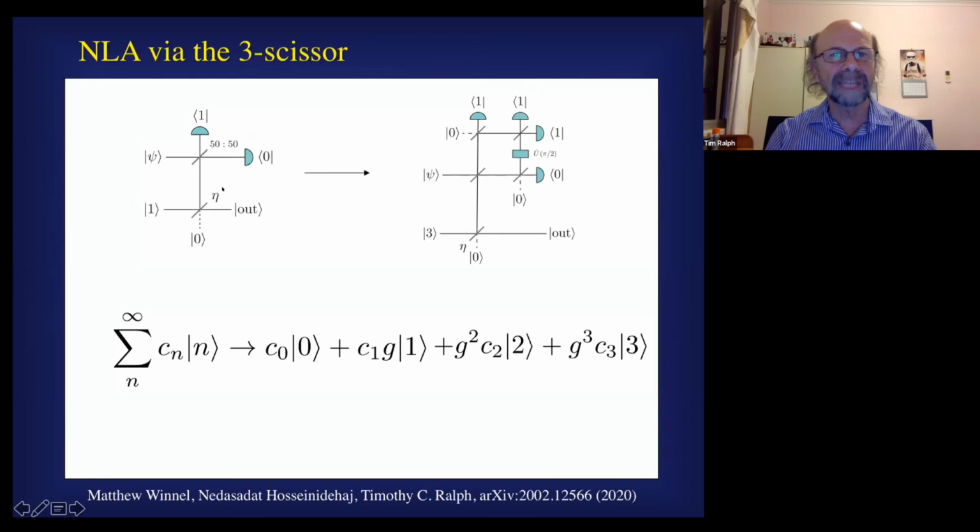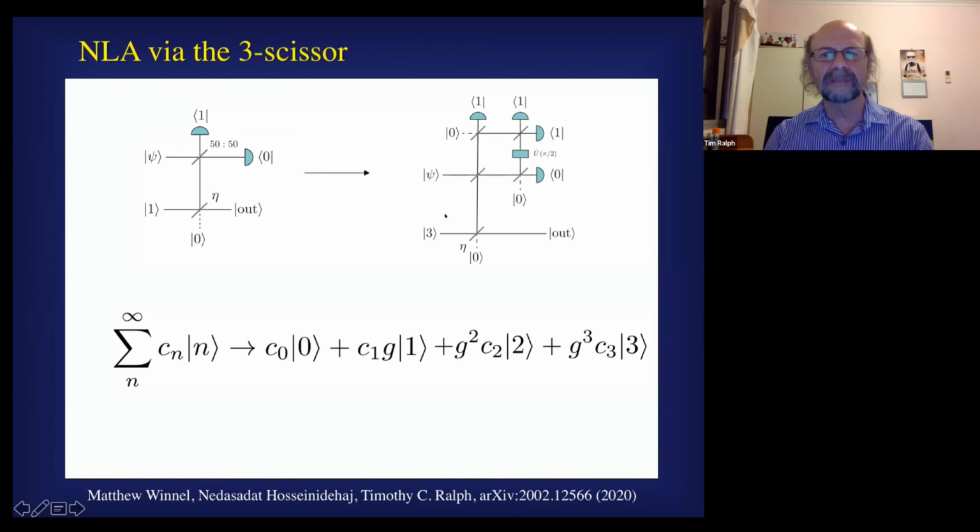You tune the gain using this eta here, which is the beam splitter ratio, and the state you're amplifying comes in here. This setup has been demonstrated several times experimentally. So our new protocol is very similar.